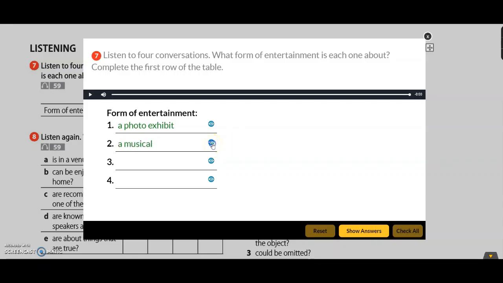Number 2, a musical. It talks about a musical. Number 3, a podcast. And number 4, a music group. So if you have them correct, guys, good job. If you don't have them correct, just correct them and erase the incorrect answer.